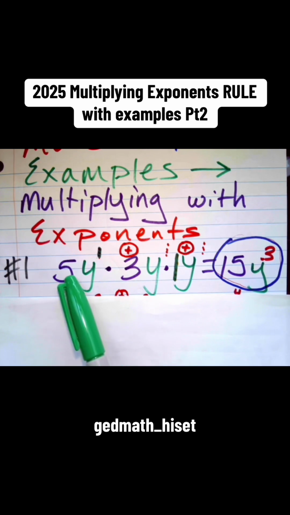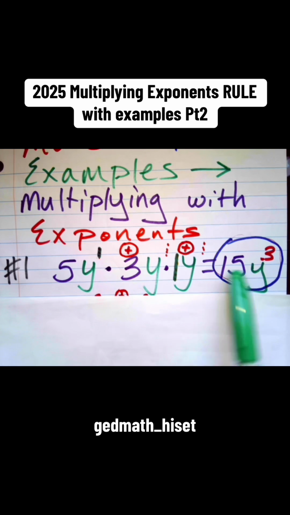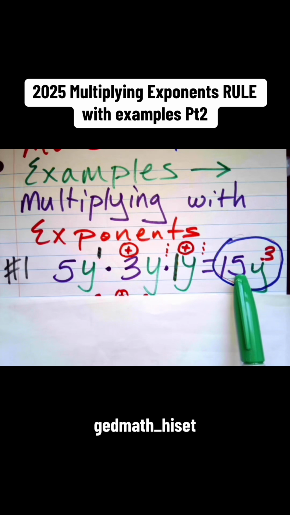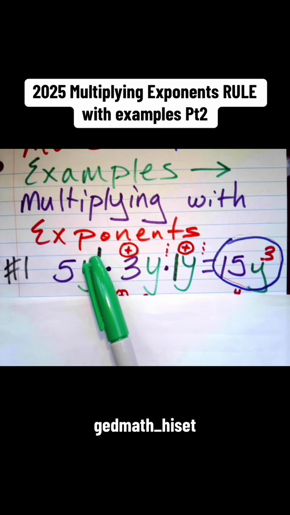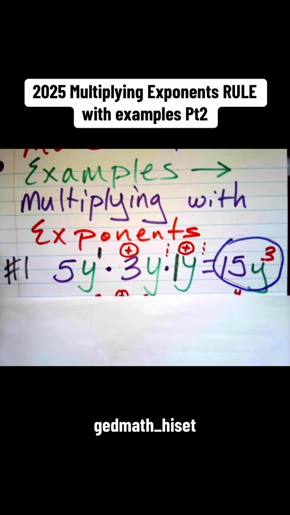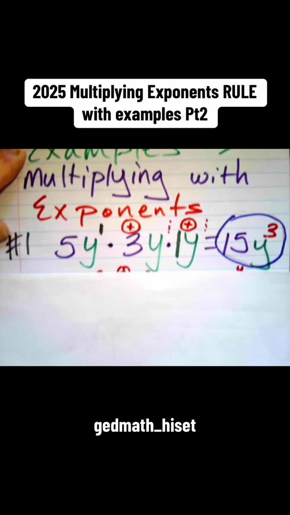So again, 5 times 3 times 1 is 15. You keep that variable y attached to the 15 through multiplication. You add the exponents: 1 plus 1 plus 1 is 3. The answer here is 15y cubed.